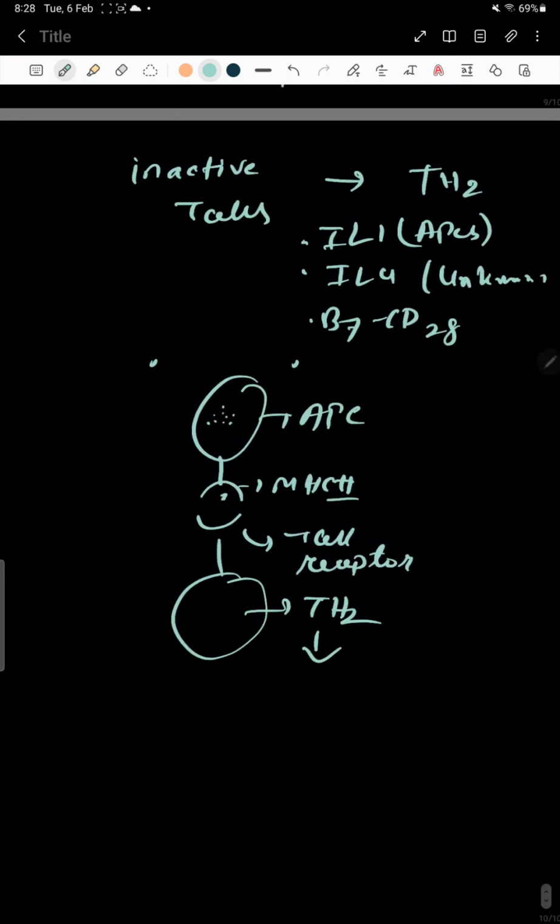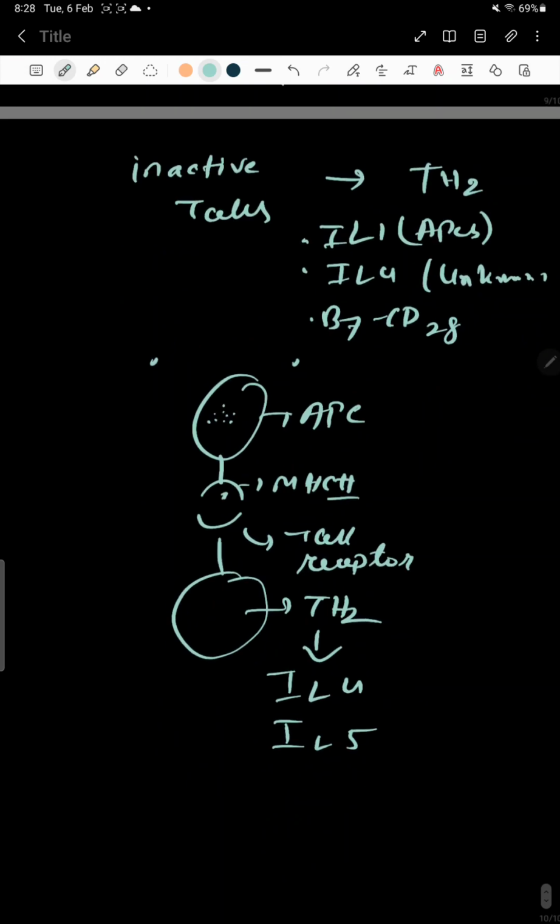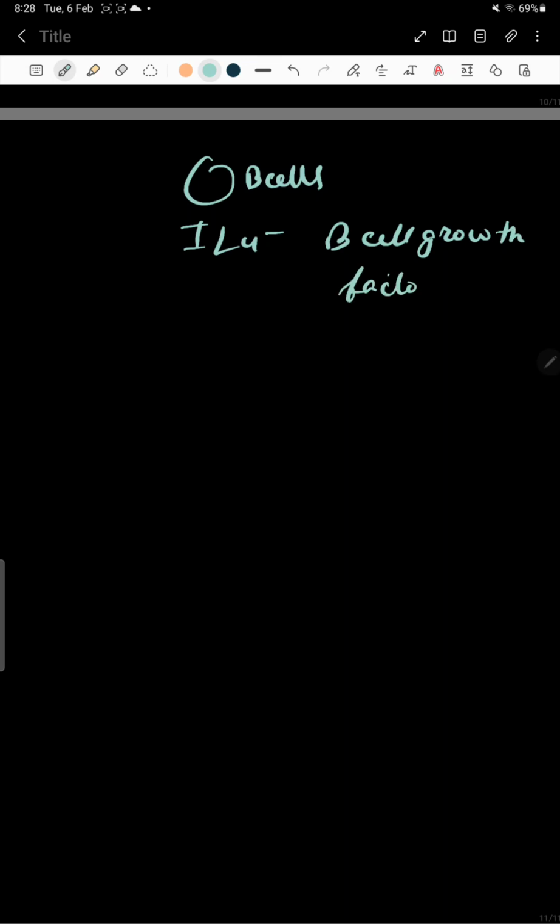Now this Th2 lymphocyte will produce interleukin 4 and interleukin 5. Interleukin 4 acts on the B cells; it is the B cell growth factor. And interleukin 5 is the B cell differentiation factor.